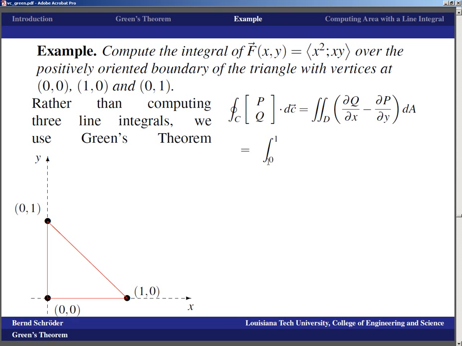The integral over the triangle is that x goes from 0 to 1. Y then goes from 0 to this line here, which is 1 minus x. dQ/dx is d/dx of xy, minus dP/dy, which is d/dy of x squared, dy dx at the end. The integrand is y minus 0, so this is just the integral from 0 to 1 and from 0 to 1 minus x of y dy dx.